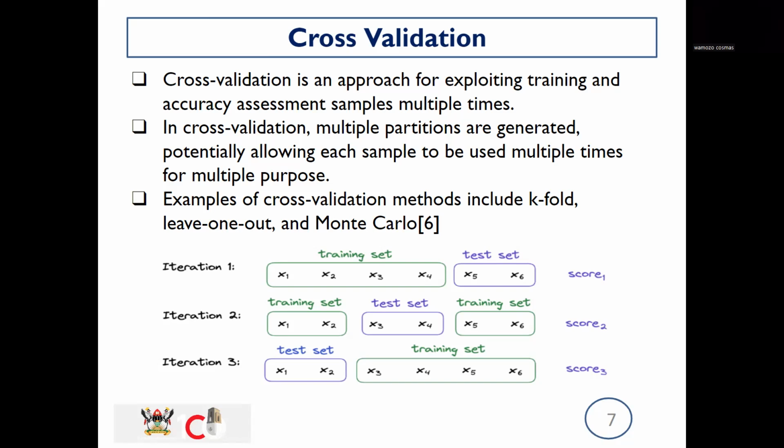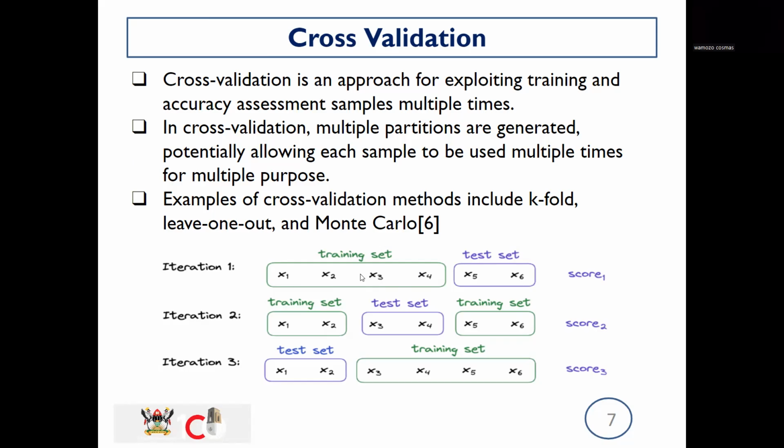And if we have 3 pairs, it means we shall have 3 iterations. Our K is 3 in this case, which means out of the 3 pairs of data, x1 and x2, that's one pair, x3 and x4, that's a second pair, x5 and x6, that's another pair.